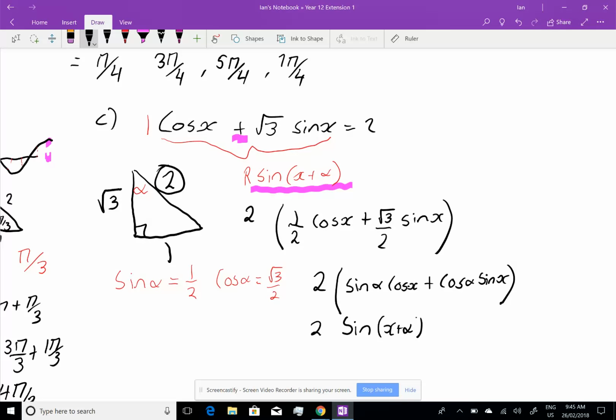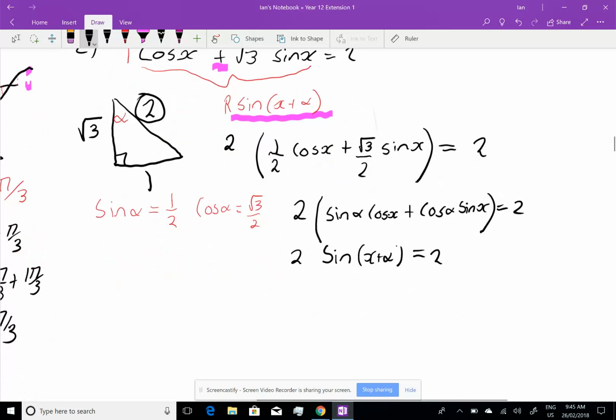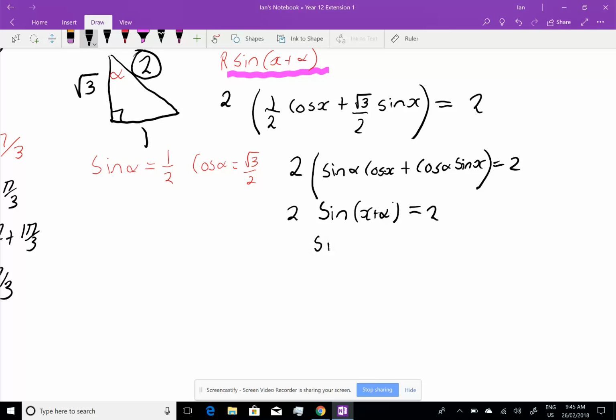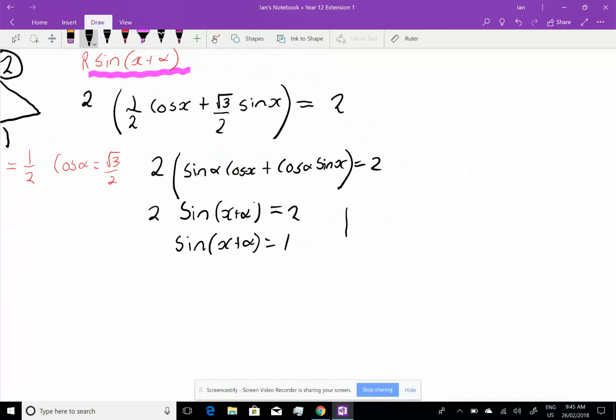Addition doesn't matter which way you go. And now if I put back in that equals 2 into my equation, I can now solve it and I'll get sine x plus alpha equals 1. And when does that happen? When does the sine curve equal 1? Well, it equals it there.